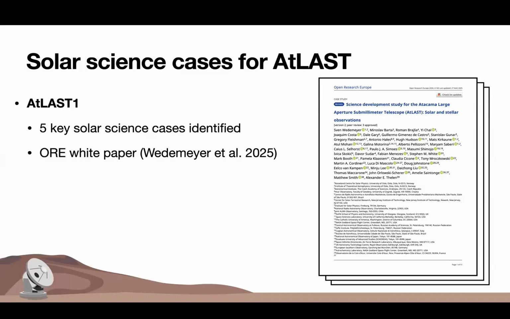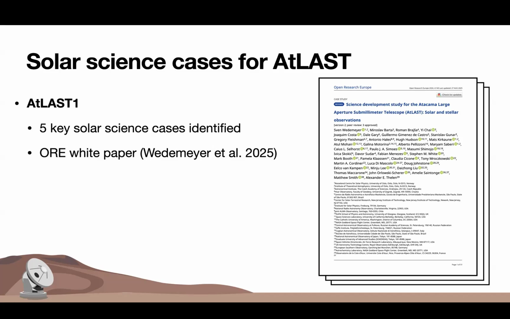So as part of the first AtLAST project, AtLAST 1, there were some white papers written for each of the major science cases, and there was also one written for the solar and stellar science case, published in Open Research Europe in 2025, where 5 key solar science cases were identified, which AtLAST could contribute to.